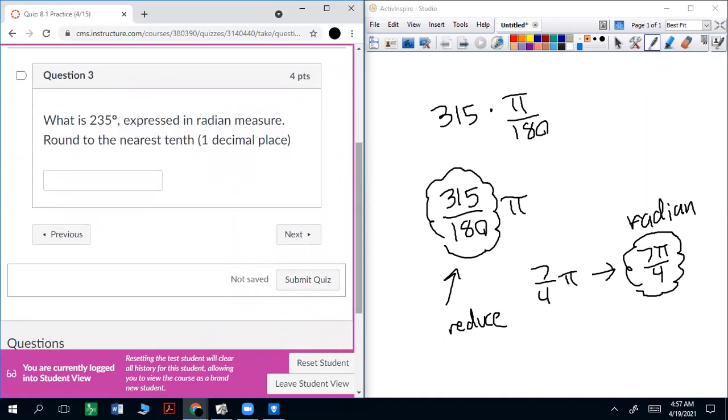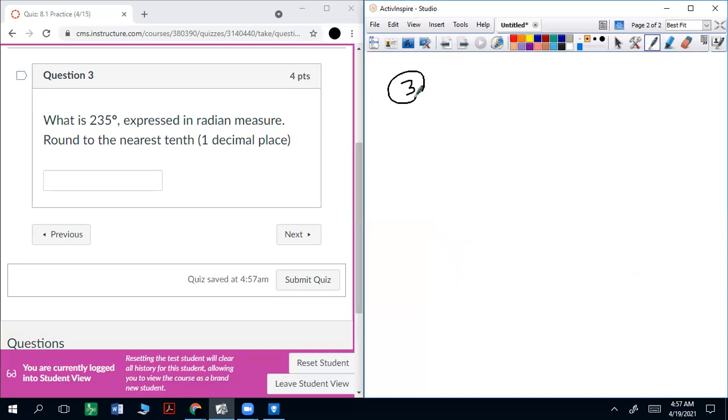Number 3, what is 235 degrees expressed in radian measure, rounded to the nearest tenth? Well, this one's kind of similar. We want to take that 235 degrees and multiply it by pi over 180.